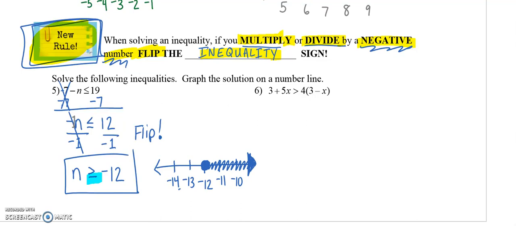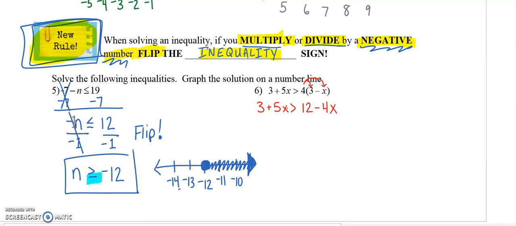Alright, let's try one more. Number 6. Again, we're going to solve it very similar to how we solve equations. When I have parentheses in an equation, I'm going to distribute so that there are no more parentheses. So 4 times 3 is 12, and 4 times negative x is negative 4x. And then I'll fill in the rest here.